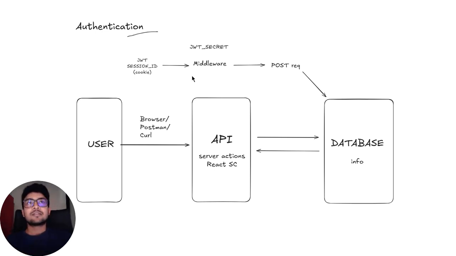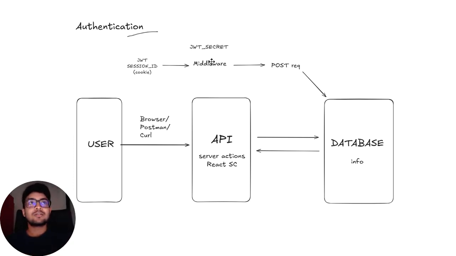For example, with JWTs, the server creates the token, signs it with a secret called the JWT secret, and sends it to the user. Later, when the user sends a request, the token is sent in the headers. The server then verifies the token using the secret, and if it checks out, the user can enter.